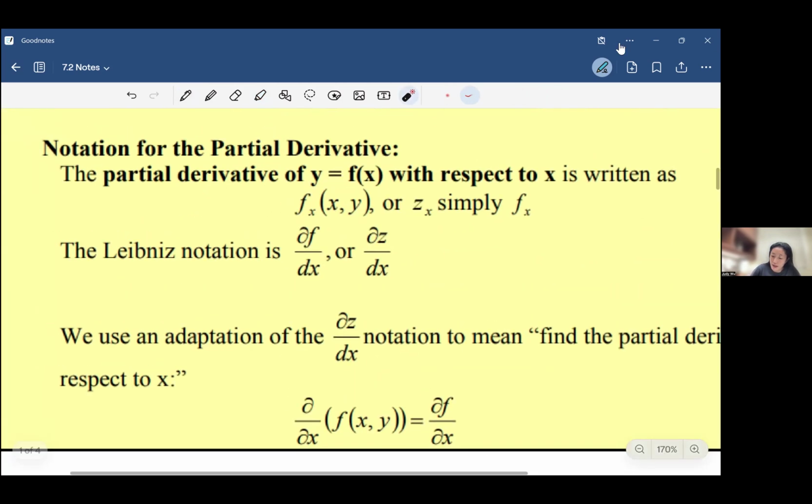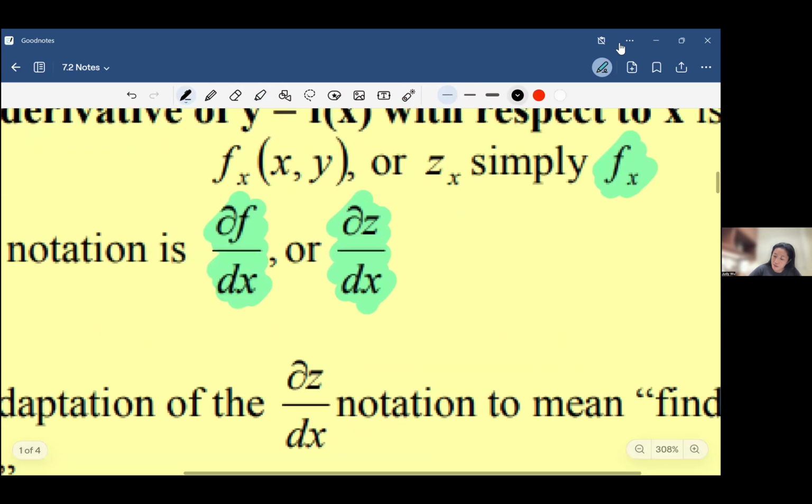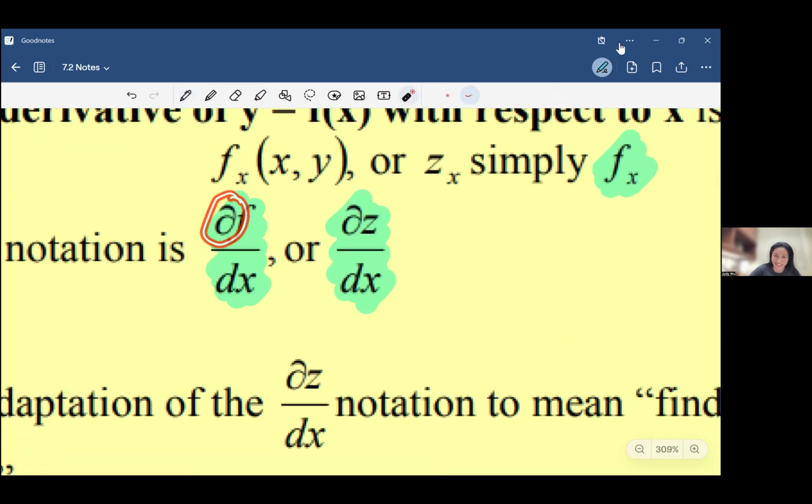Most of the time in class, I'm going to be using this f with a little x, all right? This is my favorite notation because I think it's very clear to say I'm taking a partial derivative with respect to x. But there is the Leibniz notation, and sometimes you might see that as df, or partial f partial x, or partial z partial x, okay? Now this symbol in front, it is not a d, all right?